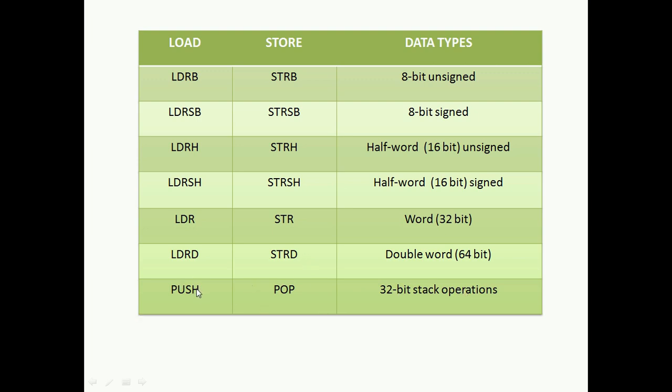For every push operation, the stack pointer register gets decremented by 4, and for every pop instruction it gets incremented by 4. So you are loading content into the stack, that is push, and from the stack memory, that is pop. This is how push and pop operations also belong to load and store instructions of memory addressing modes.